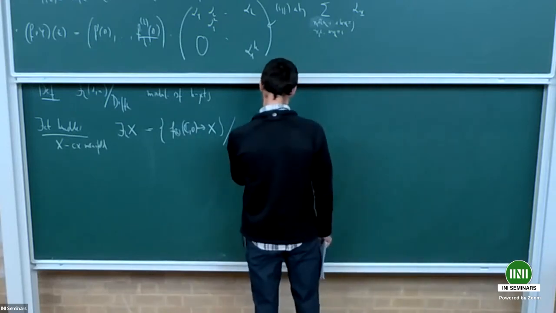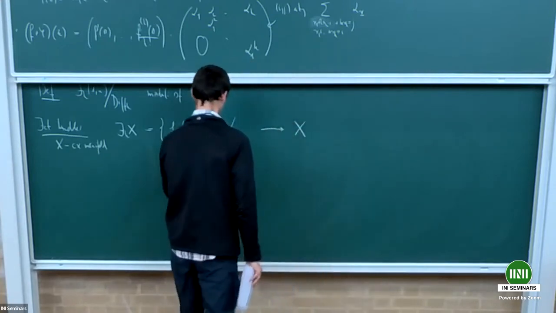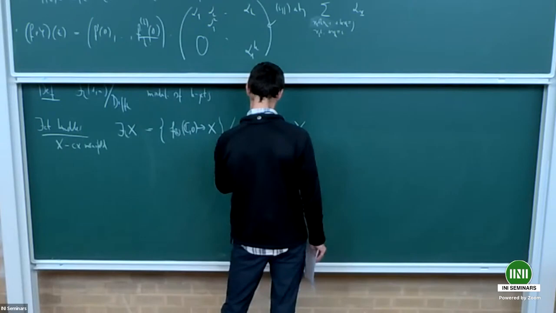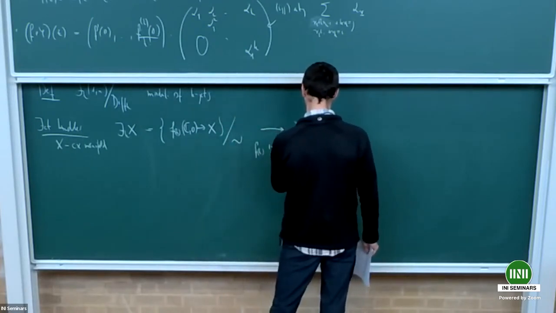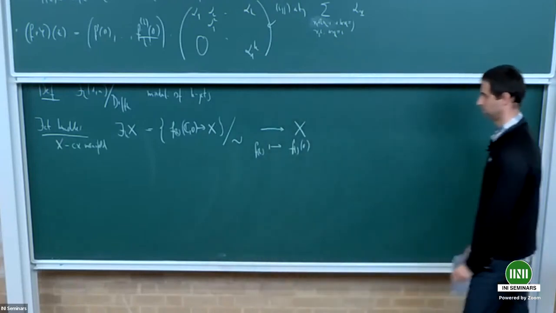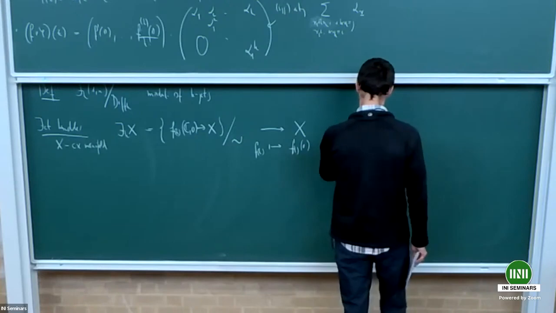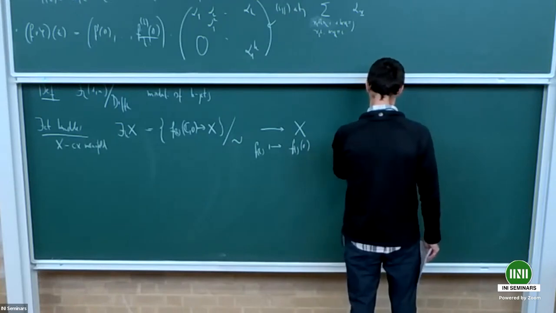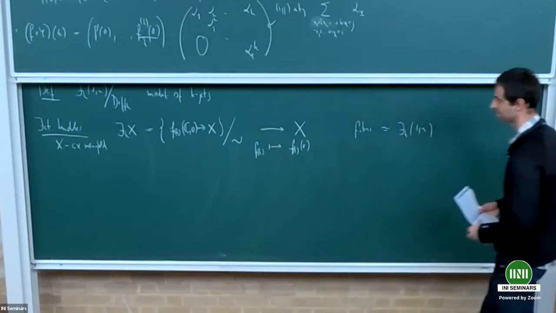This fibers over X: if you take a map f k, you map it to the origin, and we see that the fibers are isomorphic to J K 1 n.